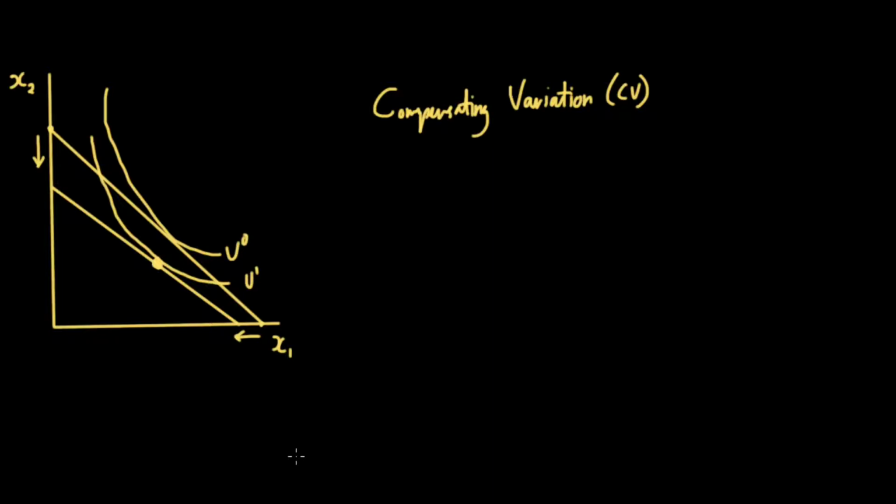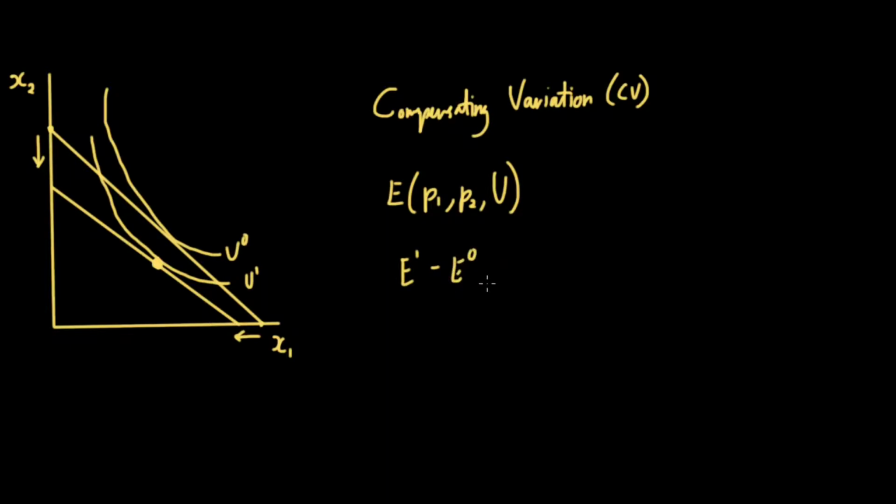This gives us a clue that what we have to use here is the expenditure minimization method rather than utility maximization. And if we recall, our expenditure function is a function of P1, P2, and U. So what we're trying to do is find the difference between the new expenditure, which we will denote as E1, and the old expenditure, which we will denote as E0.